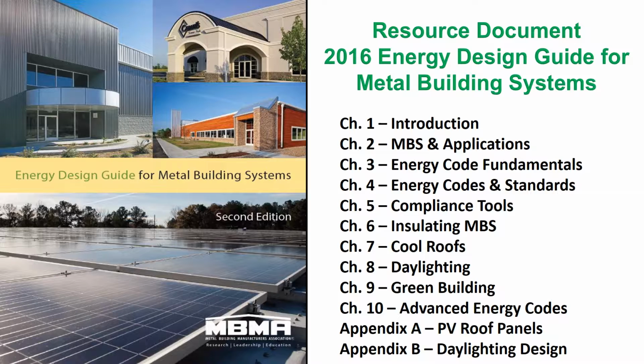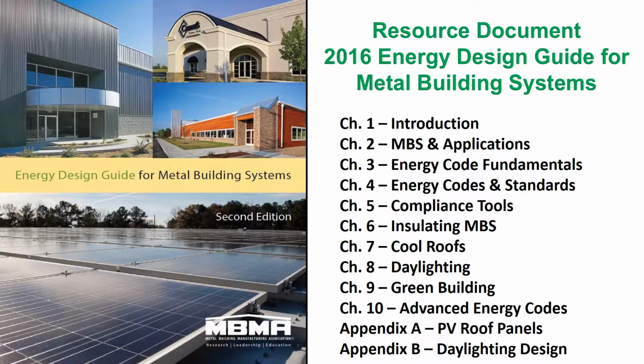The publication is about 200 pages, so it is a wealth of information, and also we included the latest information on the green building codes, such as the International Green Construction Code, ASHRAE 189.1, High Performance Green Building Standard, and the LEED version 4 rating system, and how the credits may apply for a metal building project.